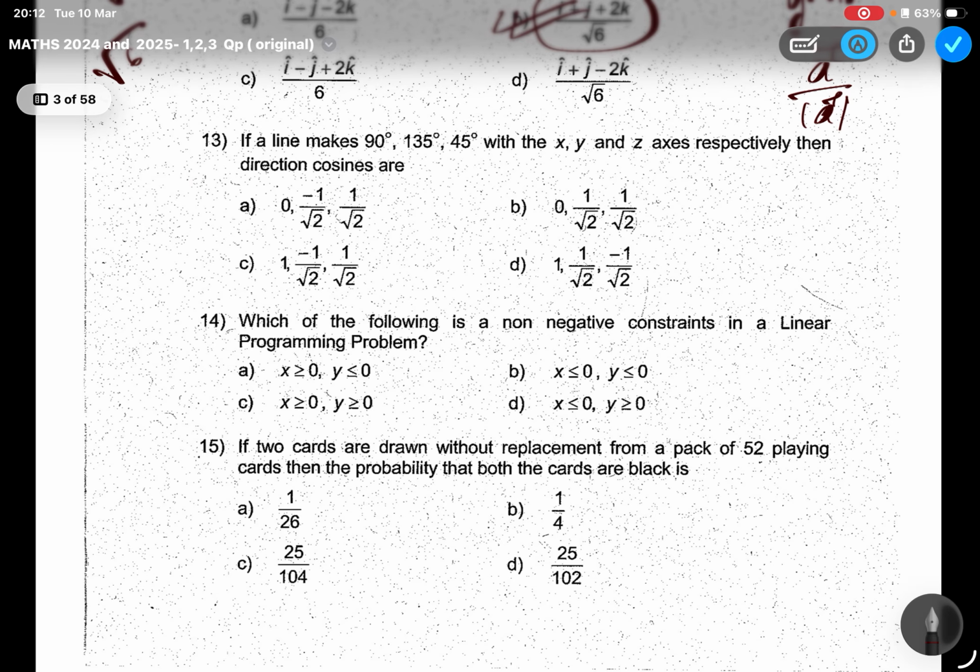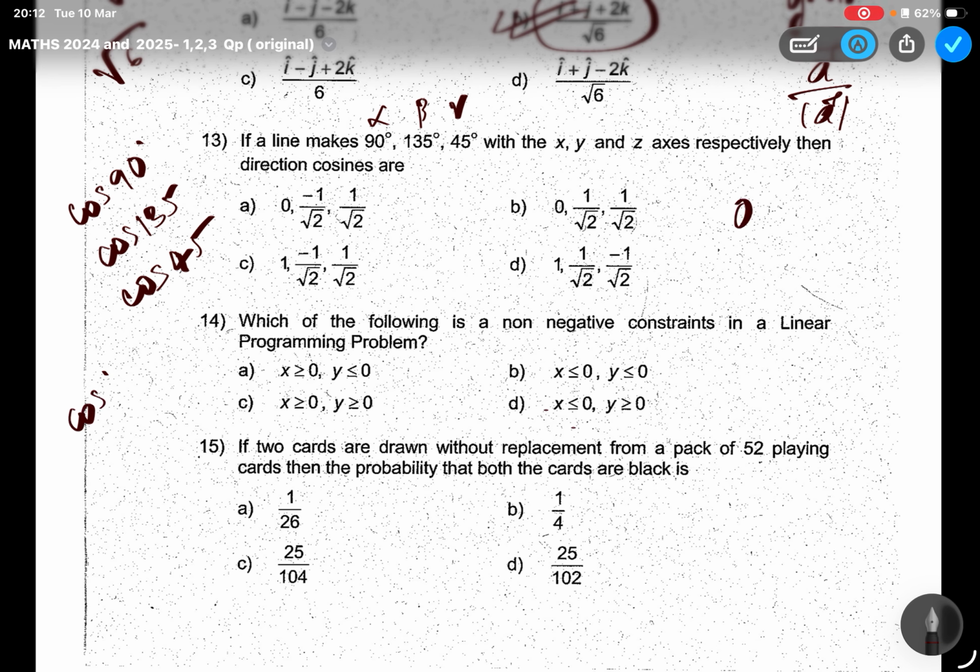And now question number 13. If a line makes 90, 135, 45 degrees with x, y, z, then they are asking for the direction cosines. It is alpha, beta and gamma. Take cos alpha, cos beta, cos gamma. Cos alpha is cos 90, which you know is 0, and then cos 135.